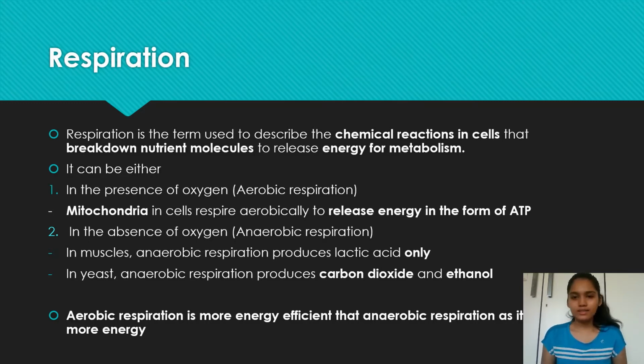So when you are exercising, you're undertaking vigorous activity, your muscles need more oxygen, and sometimes it is difficult for the body to produce enough, to move fast enough, for the heart to pump blood fast enough. So the muscle cells start respiring anaerobically where they produce lactic acid. So for this, the equation is glucose to lactic acid. That's all you need to remember. There is no other byproduct, and that is anaerobic respiration in muscle cells.